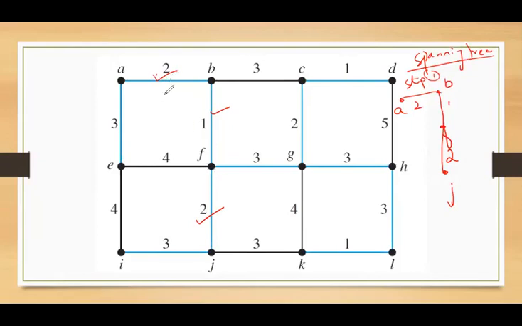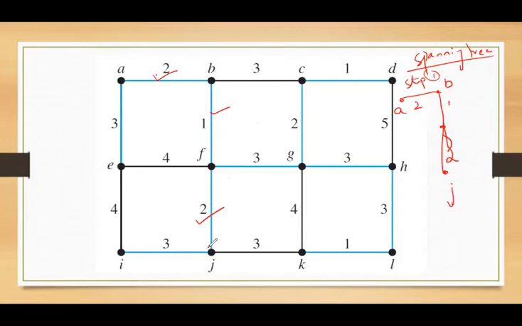To AB we have AE, to F we have BC, FG, EF, and to FJ we have IJ, IK. Now I can take any one of them which has the smallest weight. So we have 4, 3, 3, 3. All of them are 3, so you can take any of them. I am taking IJ.